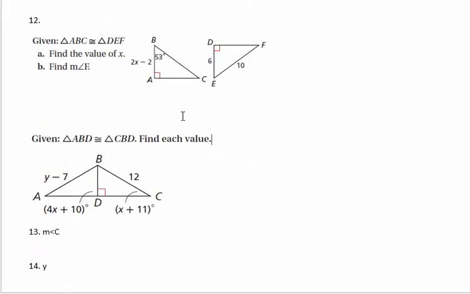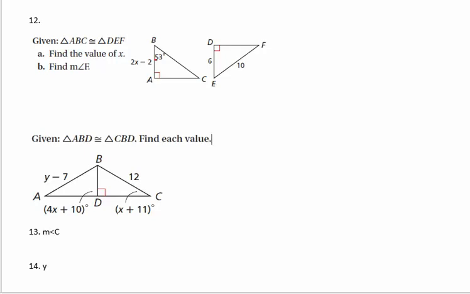All right, then moving on, number 12 is a similar problem, but without all of the hints and step-by-step things. So you have to find the value of x, which is a side length, and we know that triangle ABC is congruent to triangle DEF. So we know that angle A is congruent to angle D, they're already marked.